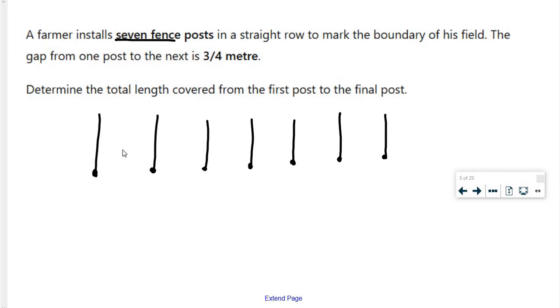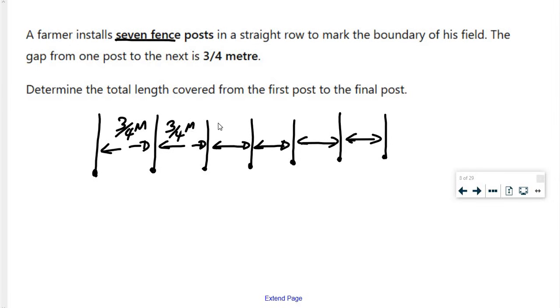And the gap between these posts is 3/4 meter, 3/4 meter, and so on.